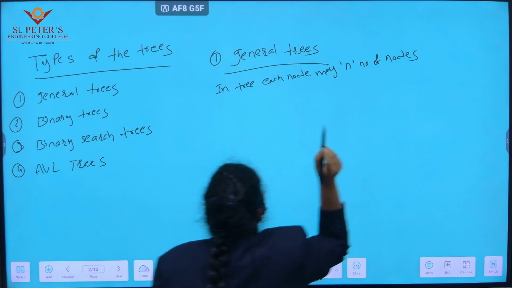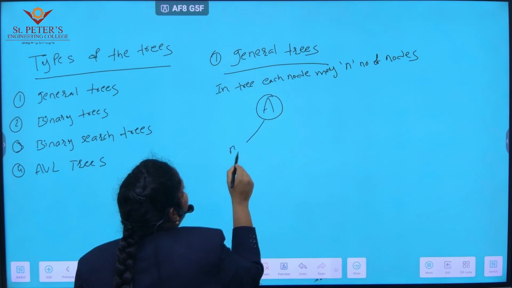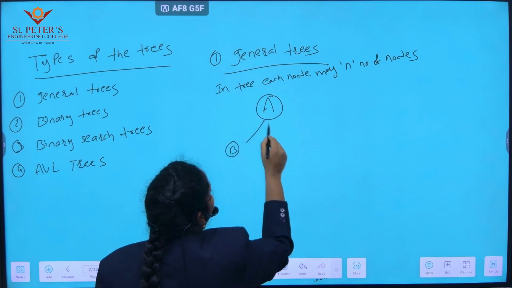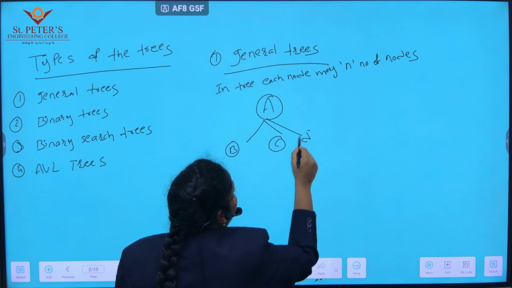For example, here I am taking an example of a general tree, with A as the root node, and A has 3 child nodes.